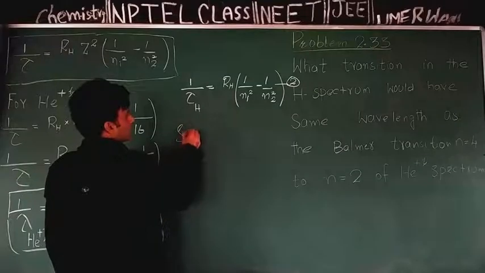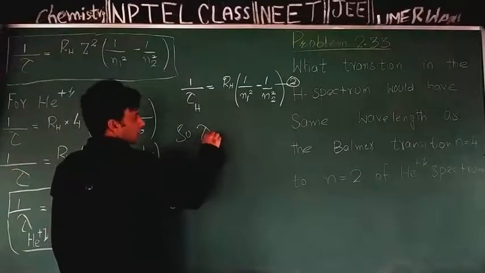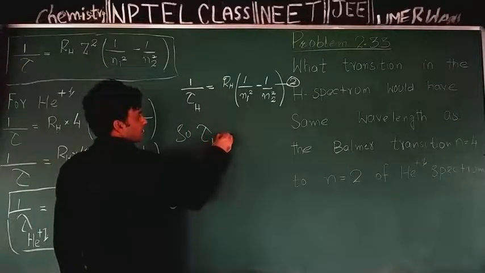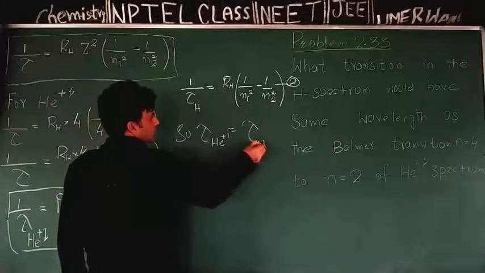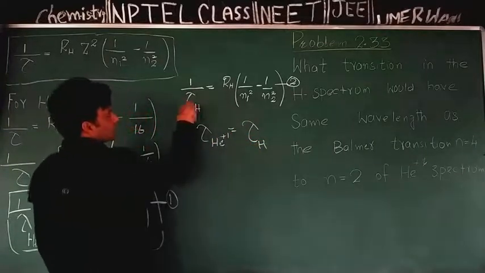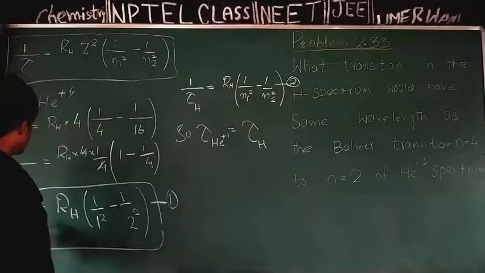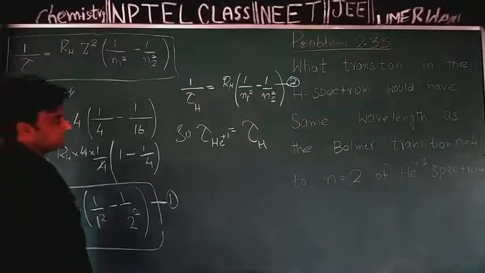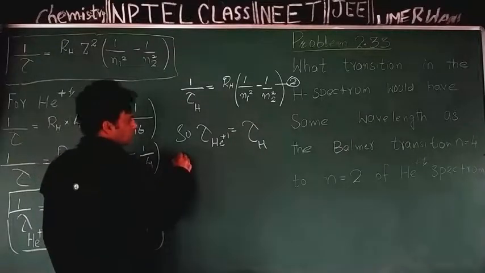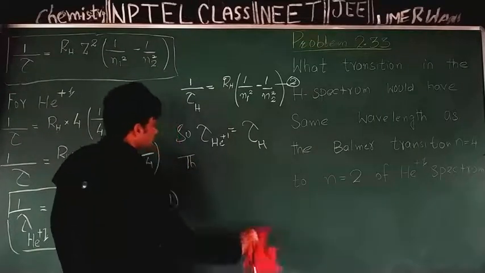So the wavelength emitted for transition in helium ion is equal to the wavelength emitted for transition in hydrogen atom. Their reciprocals will also be the same. So for equations 1 and 2, the LHS is the same.